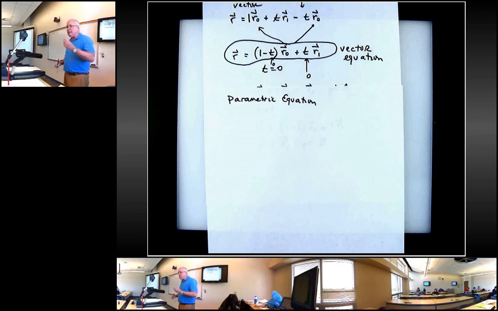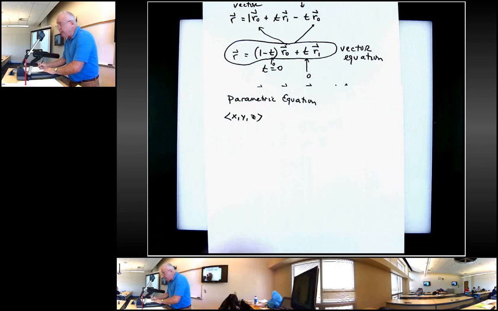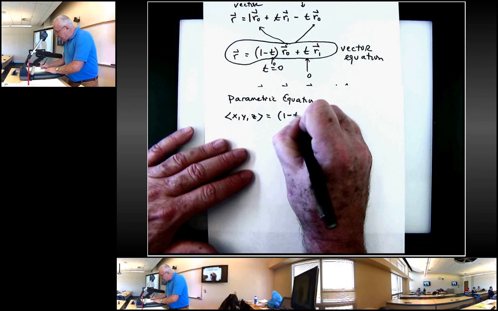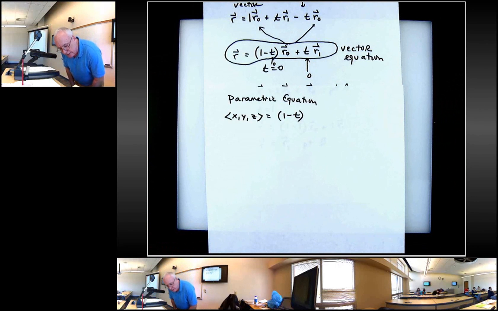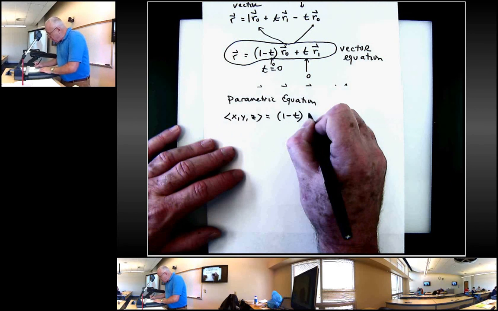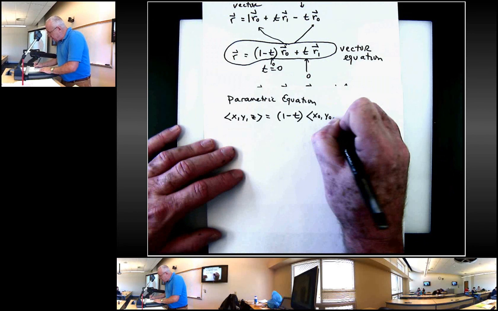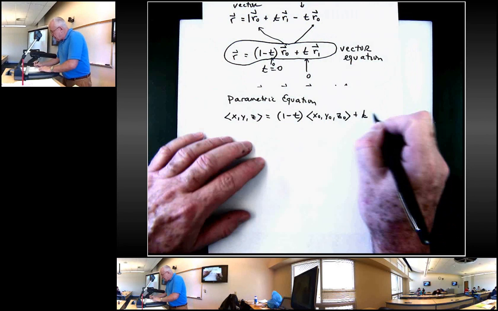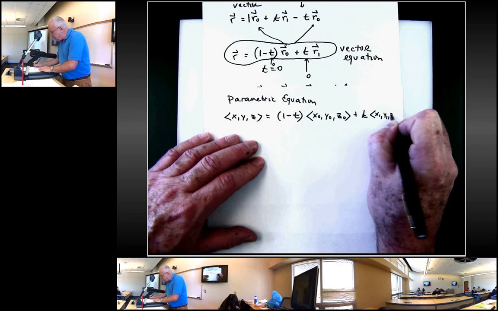Remember, we're going to put that general R vector as general X, Y, and Z in the angle brackets, and that's going to equal 1 minus t times the R0 vector X0, Y0, Z0, plus t times our position vector R1 as X1, Y1, and Z1.